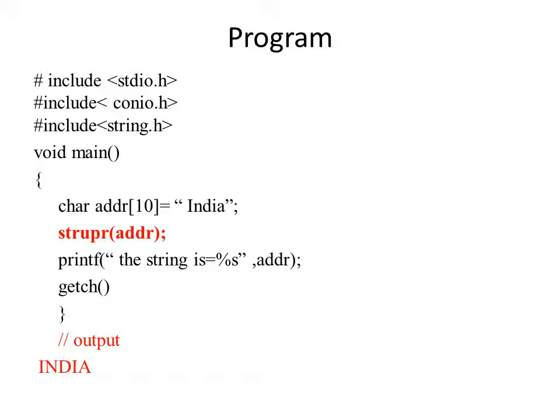With the execution of this function, the compiler converts all the alphabets or characters available in address into uppercase, and that array is going to be printed with the help of a printf function.